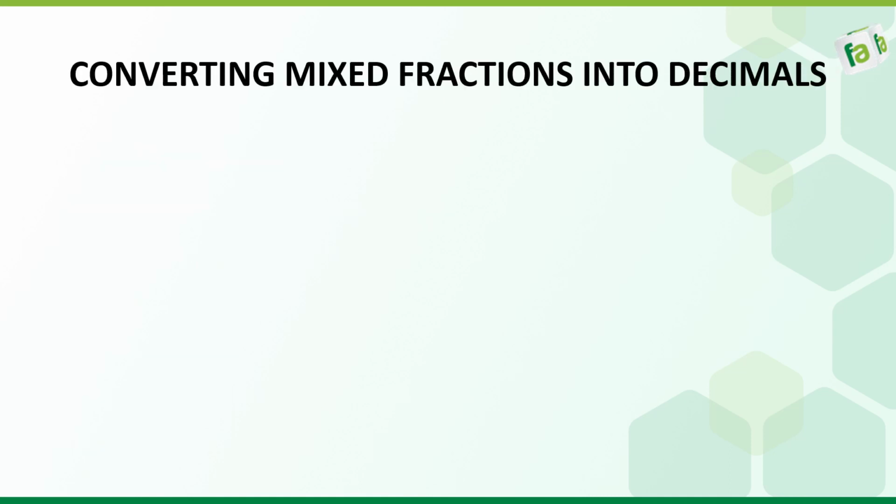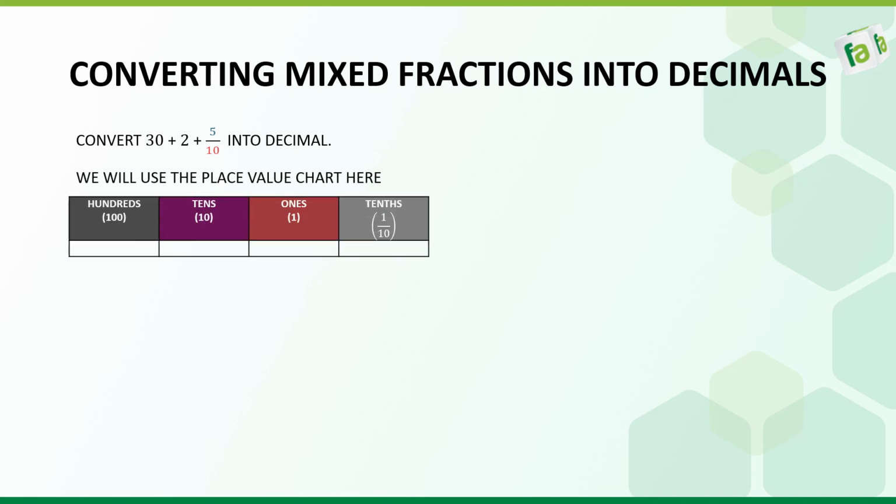Now, let's convert mixed fractions into decimals. Convert 30 plus 2 plus 5 by 10 into decimal. Here, we will find the answer by using the place value table. Now, just place each of the values from the question into its correct place in the table. Let us now put the values in the place value table.